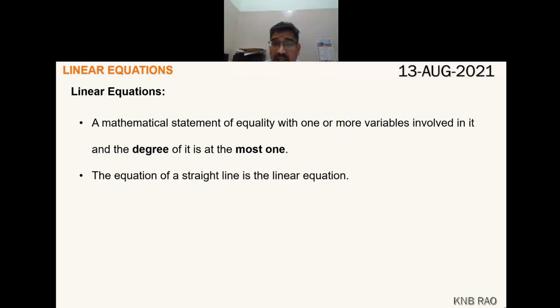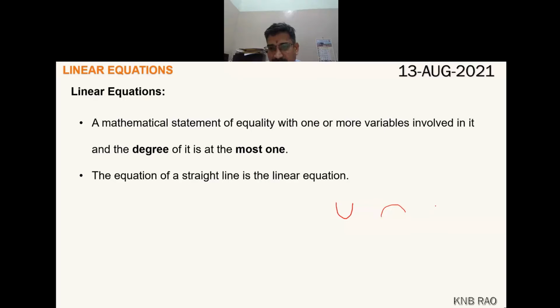And what would be the graph of a quadratic equation? You may get that doubt. You are going to learn that in class 10th. The graph of a quadratic equation will be a parabola, and the graph of a cubic equation will be a curve having two bends, whereas a parabola will have only one bend, maybe like this or like this.